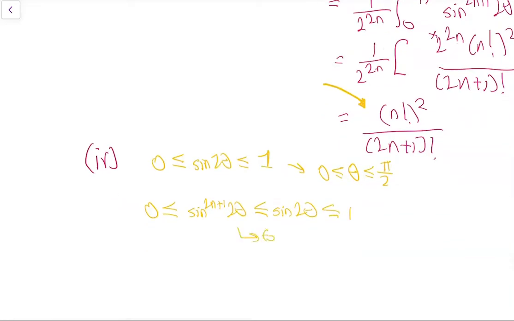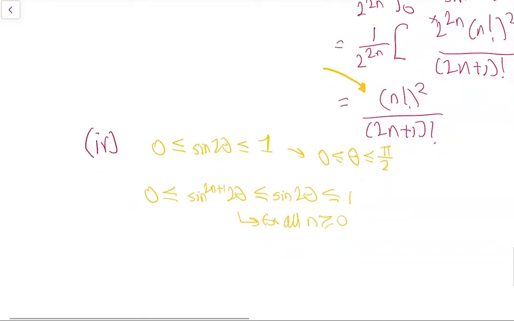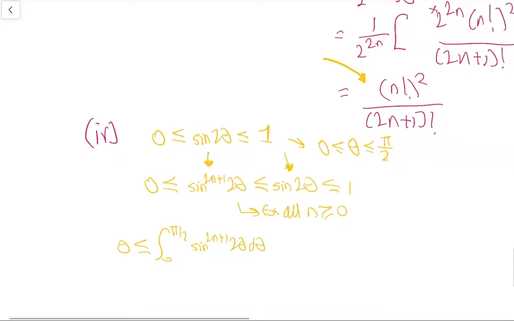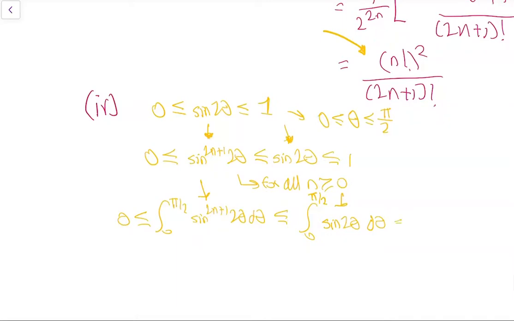So this is for all n. And this means if we integrate the sine of 2 theta to the power 2n plus 1, since this function is always at most this for all values of theta between 0 and pi over 2, it means the integral of this will be at most the integral of this. And this is equal to I0 from earlier, which is equal to 1. So this integral is always at most 1.